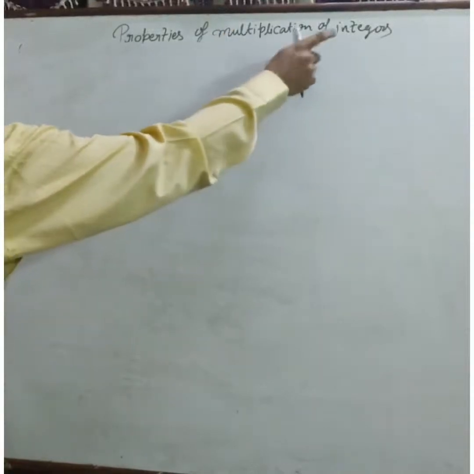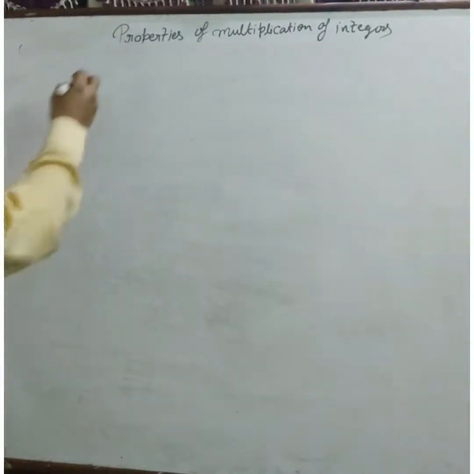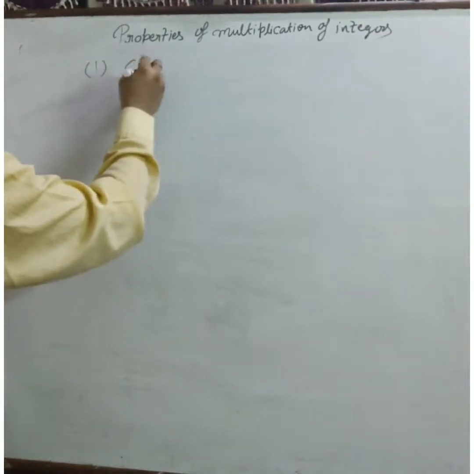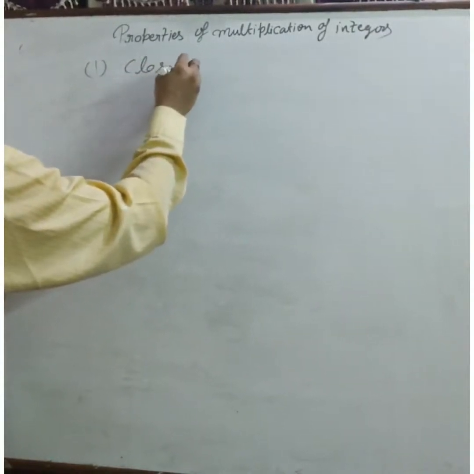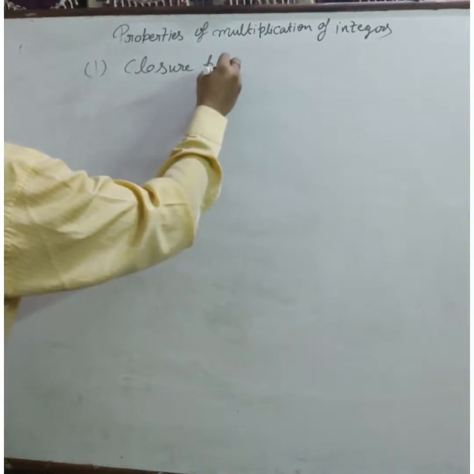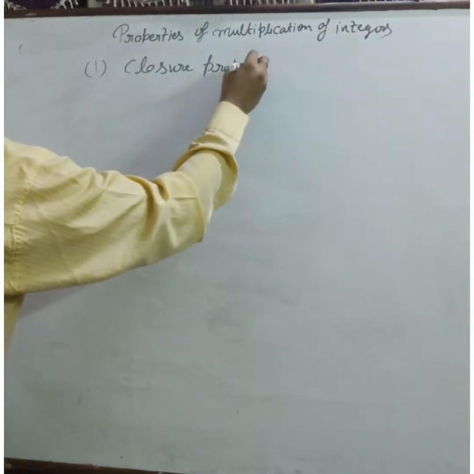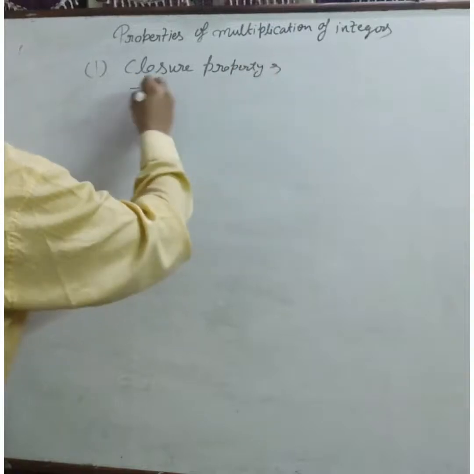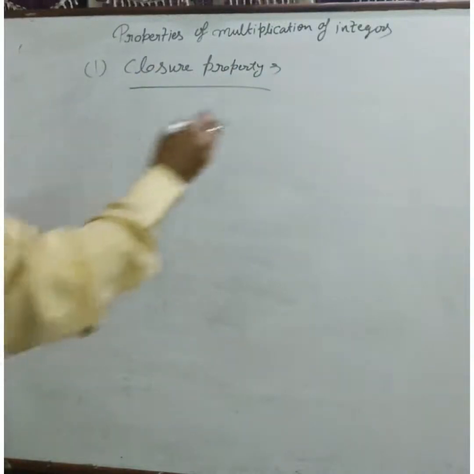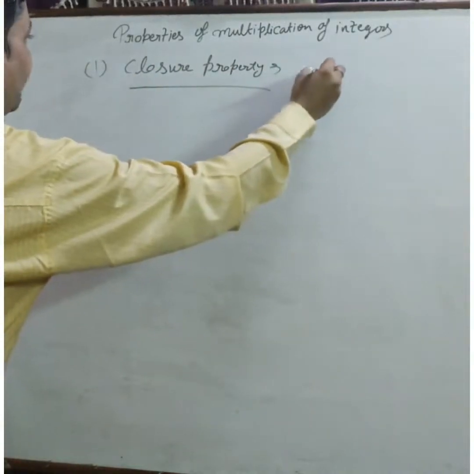Now, the properties of multiplication of integers. The first property is the closure property. Let the two integers be a and b.